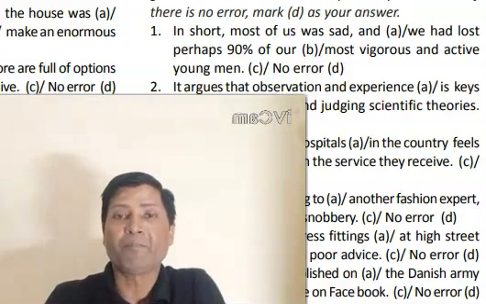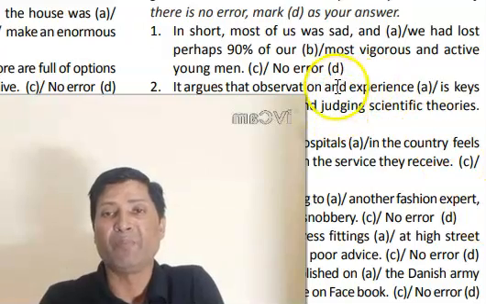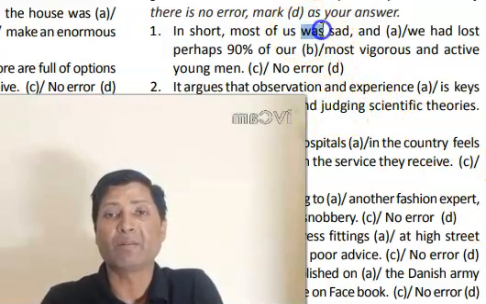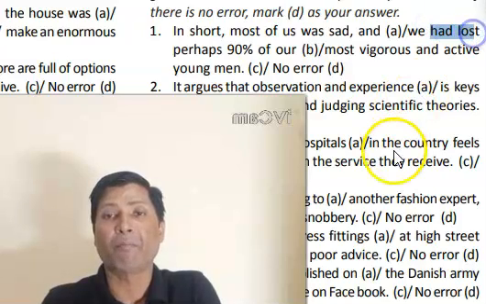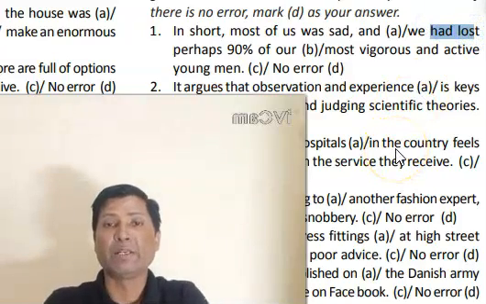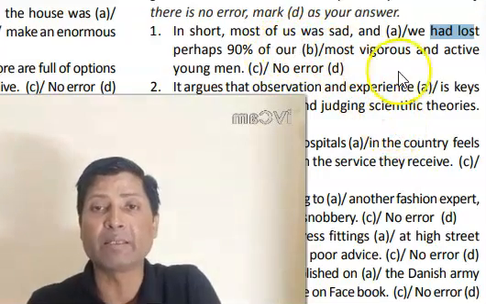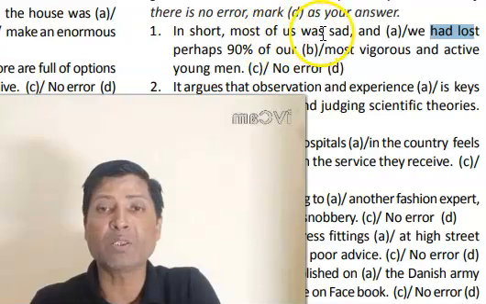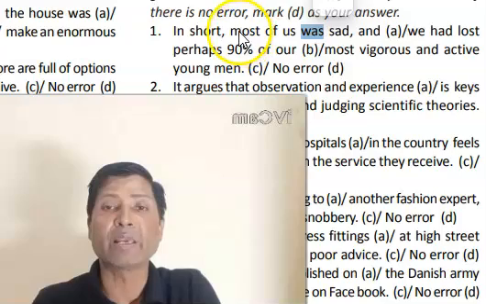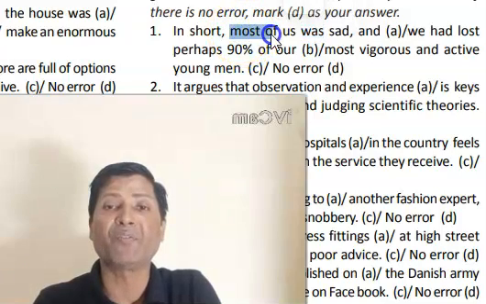So what is happening here? Again, let us find out the verb part. One verb is "was." Another verb is "had lost." Two verbs are there in the sentence. What is the subject of "was"? The subject of "was" is "most of."